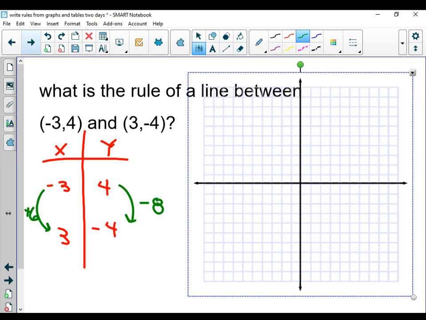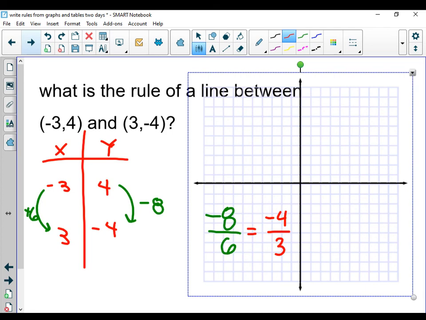So right now it's looking like my slope is down 8, run 6. Maddie? You could simplify that. And then, do we have to add a 0 somehow?